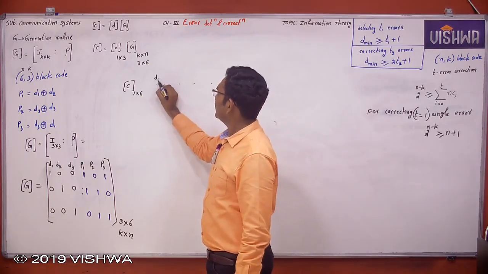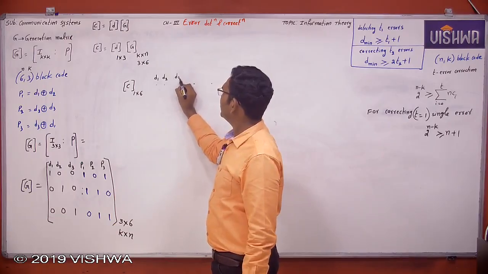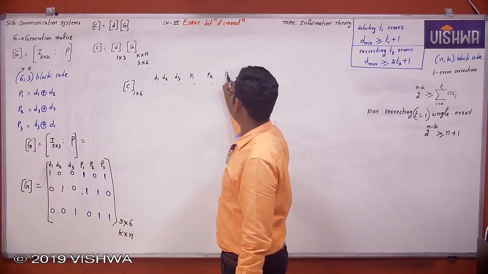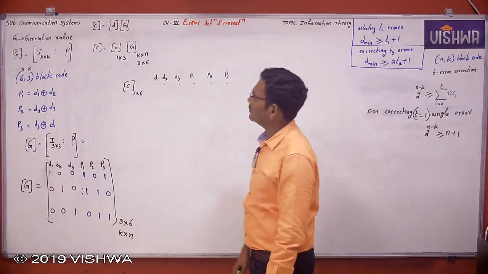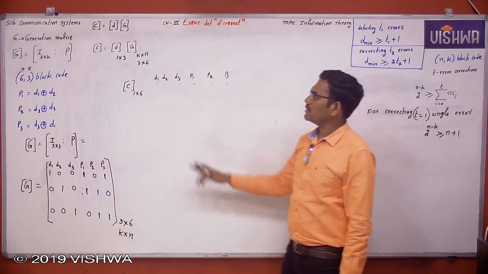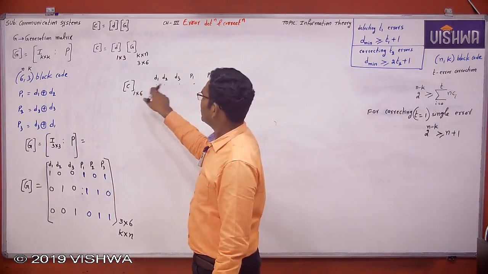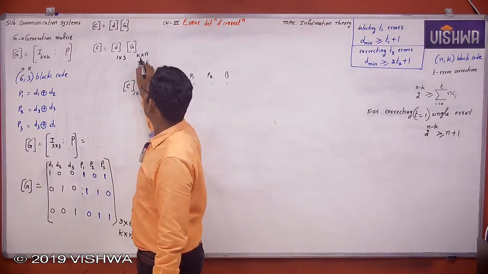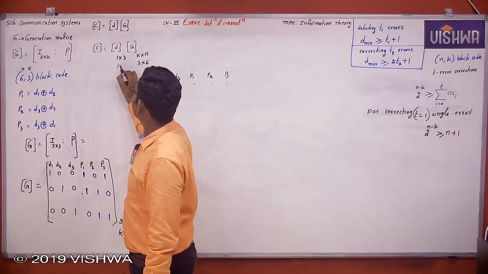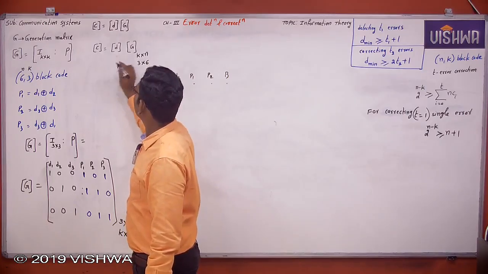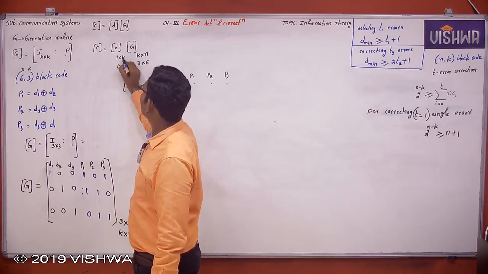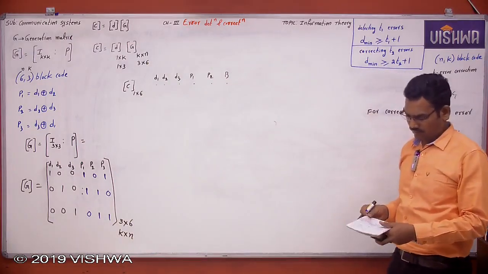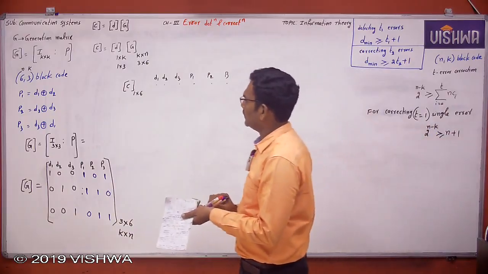So this is D1, D2, D3 and parity 1, parity 2, parity 3. Satisfied or not? The code length is 6, the first 3 are data bits, the next 3 are parity bits. Now this is K by N, this is 1 by K. Okay, note this.